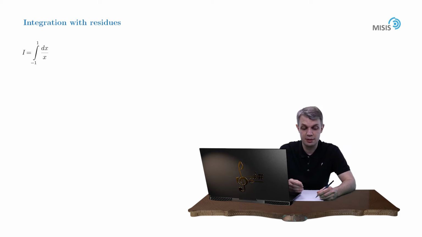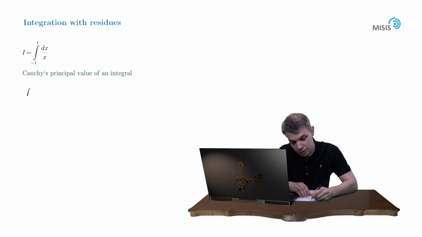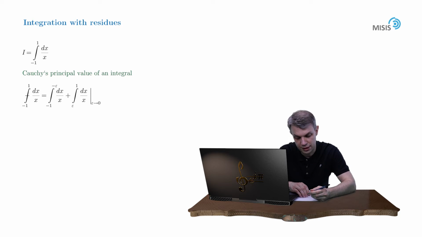That kind of example provoked the introduction of the so-called Cauchy principal value of the integral, and it is introduced as follows. We simply split the contour at the singularity, then we insert an infinitesimal separation centered at this singularity. So the principal value of this integral is deciphered as the sum of the integral from -1 to -epsilon plus the integral from epsilon to 1 of dx over x, where epsilon is set to 0 at the end of the calculation.